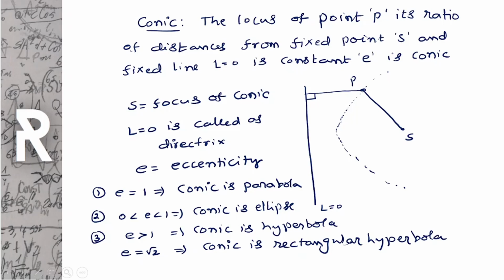Some more terms here. The line through the focus and perpendicular to the directrix, sorry, perpendicular to the directrix, is named the axis of the conic.